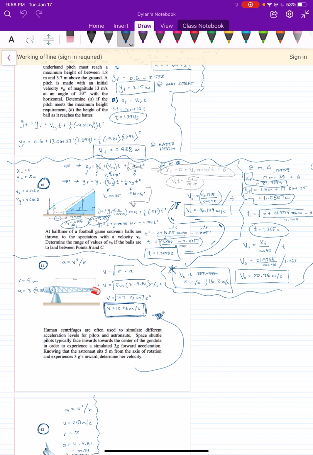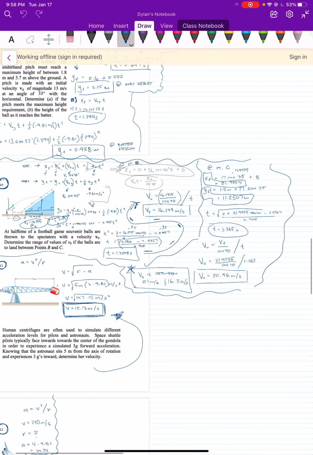Then I plugged that into a new kinematic equation that I used in the previous problem, and with my x final, solved for my v initial velocity in relation to the horizontal distance.